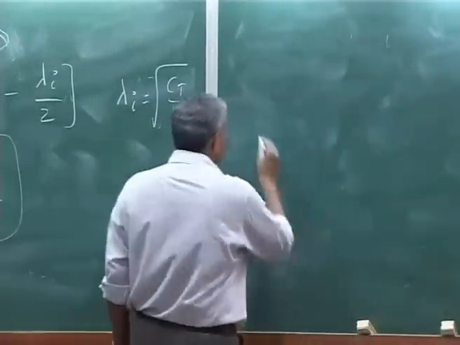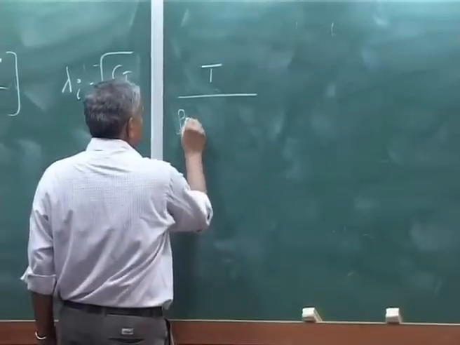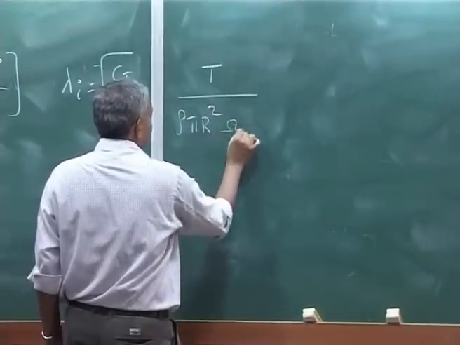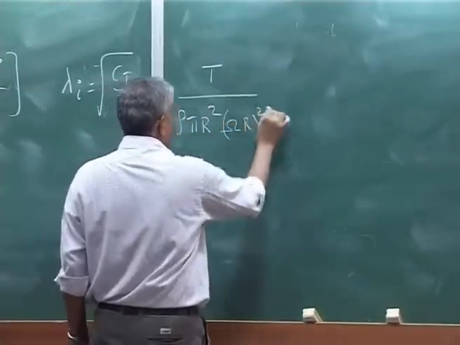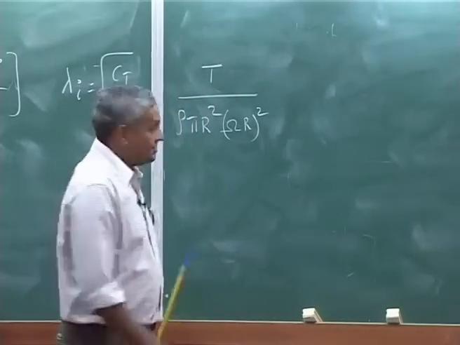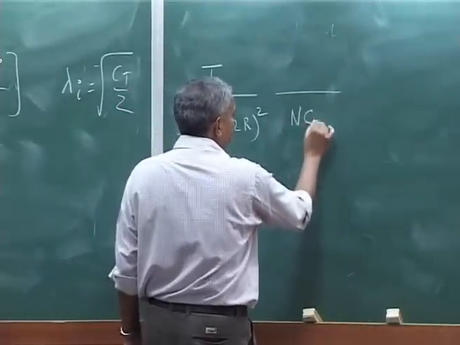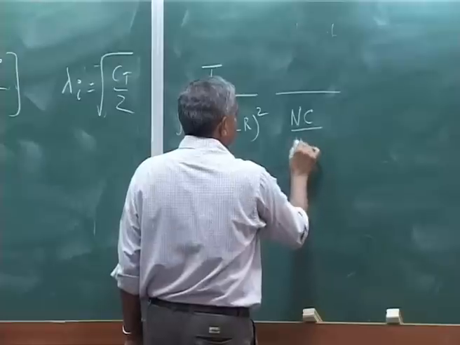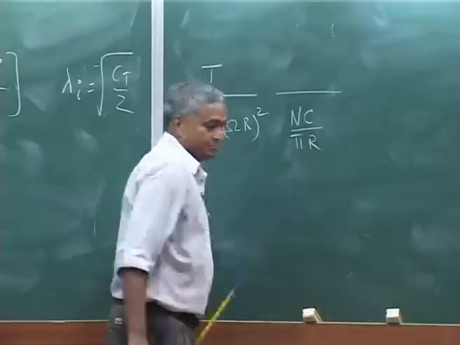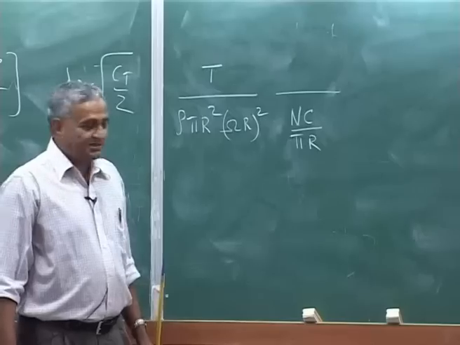Thrust divided by rho pi r square omega r whole square, this is Ct. Sigma is N c over pi r.